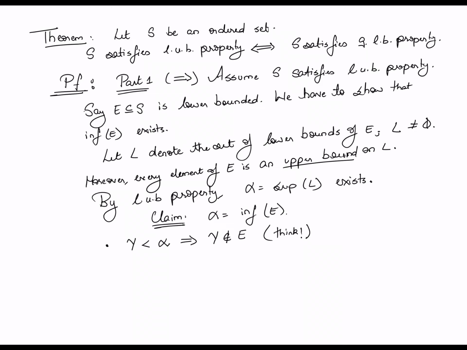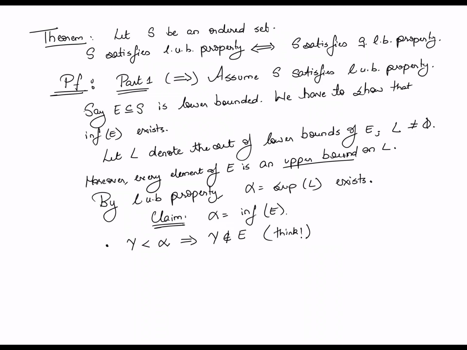So you have to just use the definition of the sup and the inf, that is all. All you know at this point is that alpha is the least upper bound of L, where L is the set of lower bounds of E. So I leave it for you to formally argue that if gamma is less than alpha, then gamma couldn't possibly lie in E.